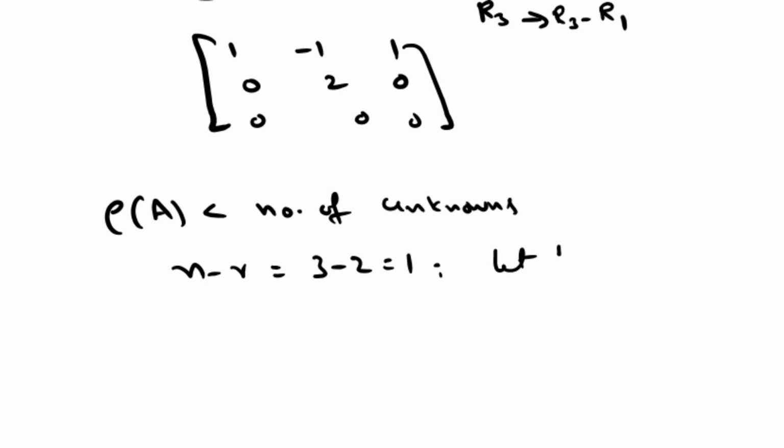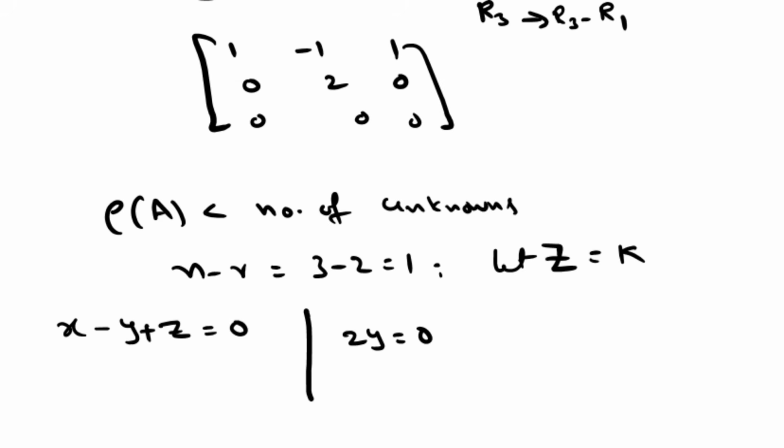Now let z equal k. The first equation is x minus y plus z equals 0. The second equation is 2y equals 0. From this y equals 0. Now substituting the values of z and y in the first equation, x minus 0 plus k is equal to 0. Therefore x is equal to minus k.